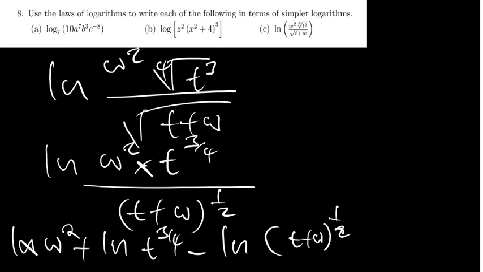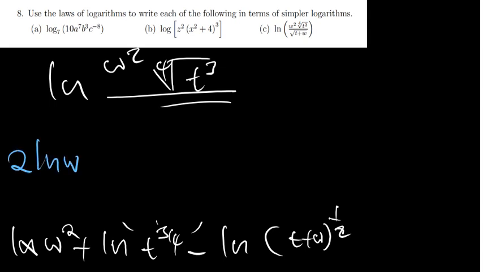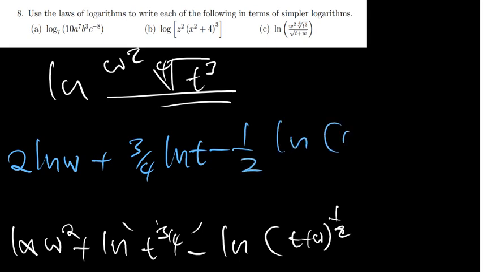Now from here, what else can we do? The powers are supposed to be in front. So in that case, I'm going to say I have 2 ln w plus 3 over 4 ln t minus, now I'm going to drop the half, 1 over 2 ln of t plus w.